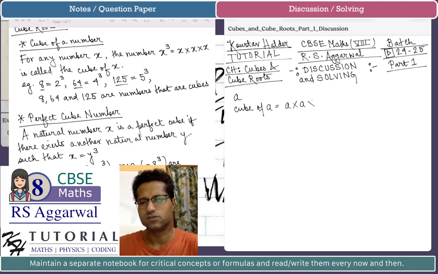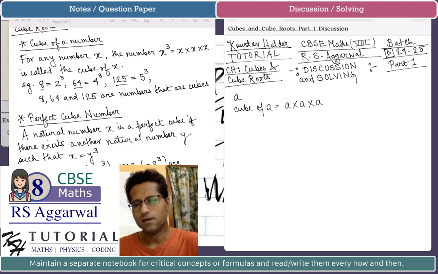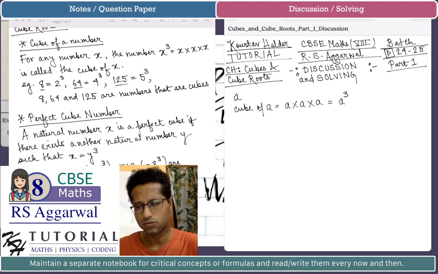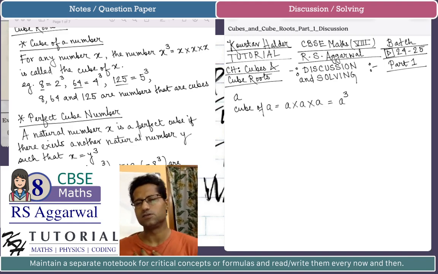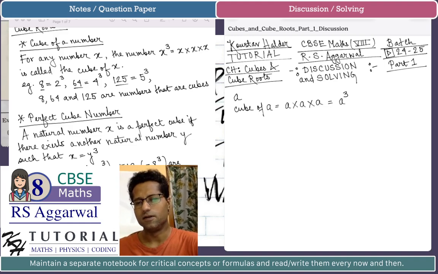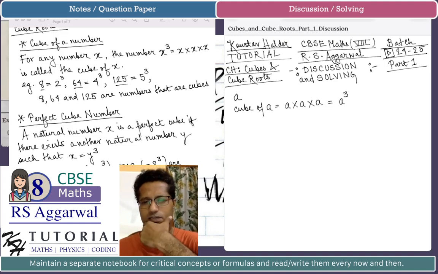Just like we have the square, A multiplied by A, the cube of A is the number A multiplied by itself 3 times, and we know from the laws of exponents that a number multiplied 3 times is the cube of that number, that is, that number raised to the power 3. So A^3, that is A raised to the power 3, is known as the cube of the number A. Power 3 means cube, just like power 2 means square.